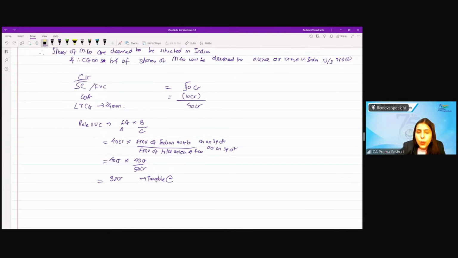Have a look at the 112. What was the tax rate?